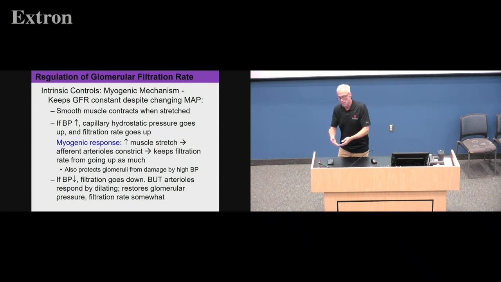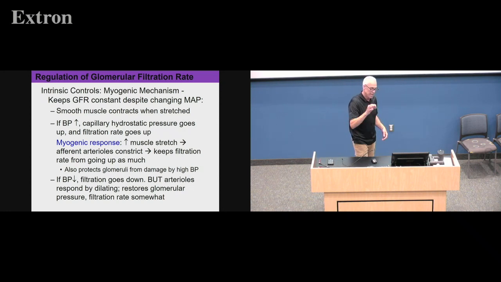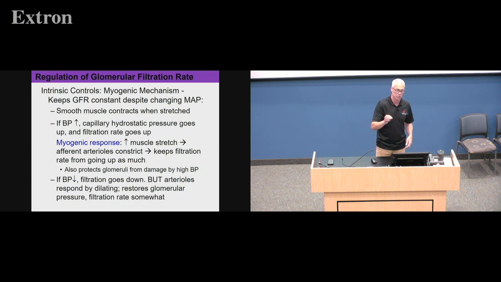The pressure downstream in the glomerulus would be greater, and the filtration rate would go way up. A way of dampening out some of that rise in filtration rate is this myogenic response. The smooth muscles in the afferent arteriole will constrict when they sense that stretch. You stretch them and try to drive more pressure in, they immediately respond by constricting or contracting.